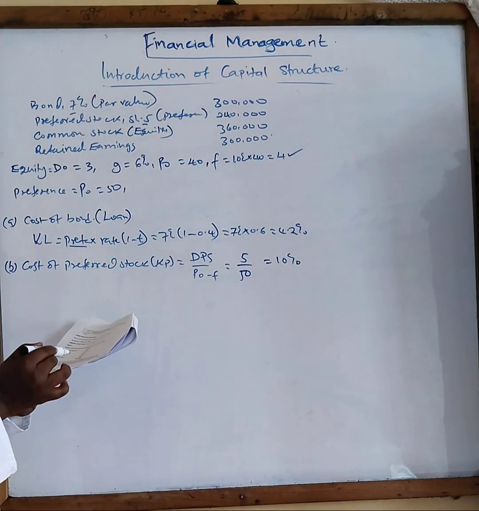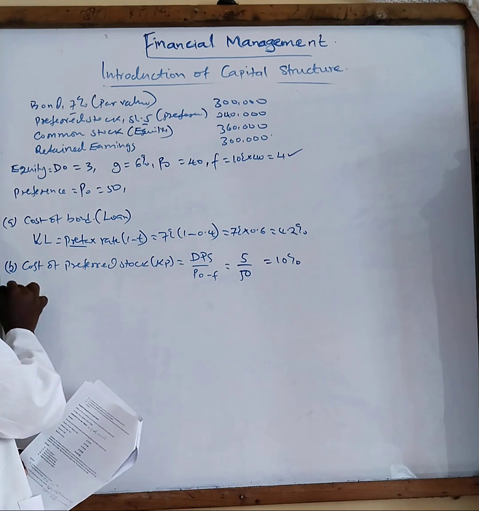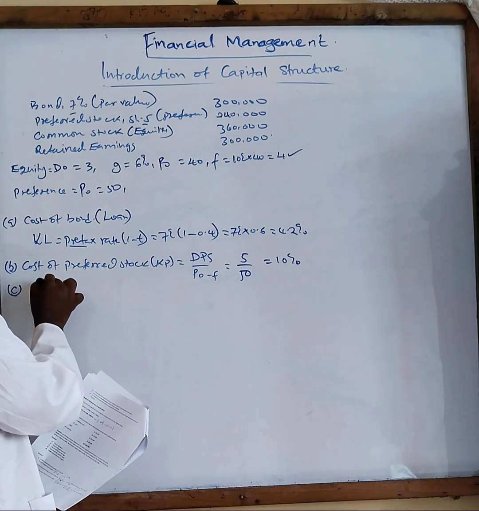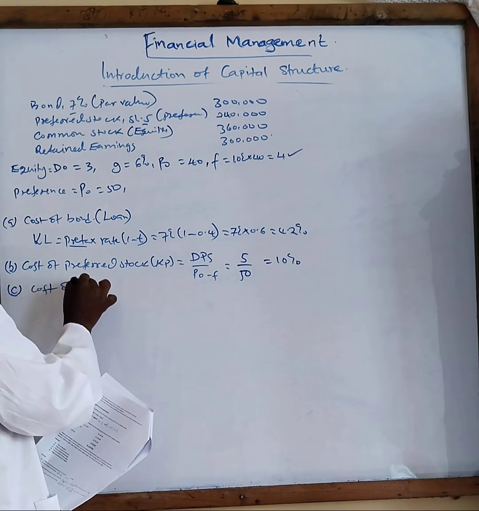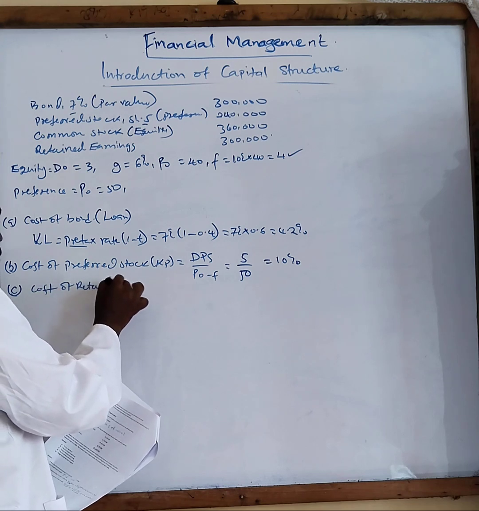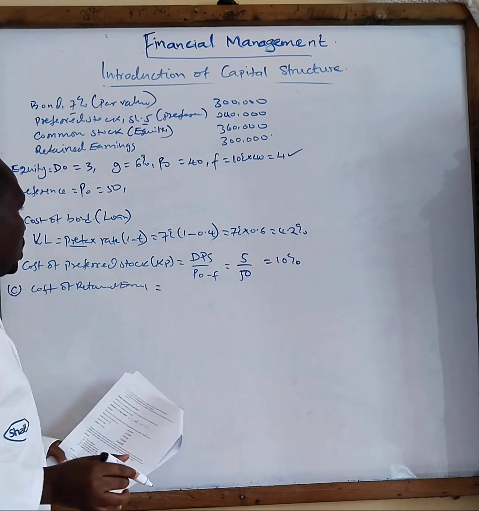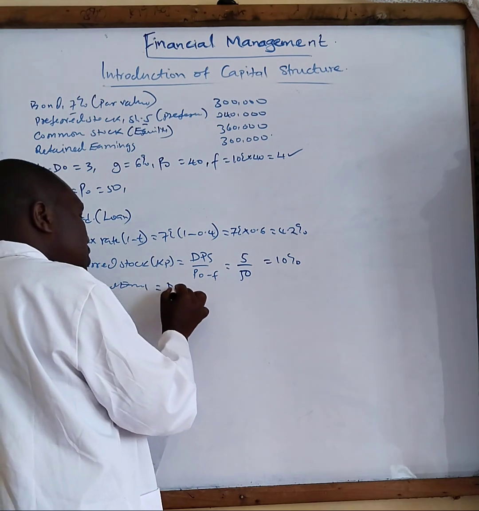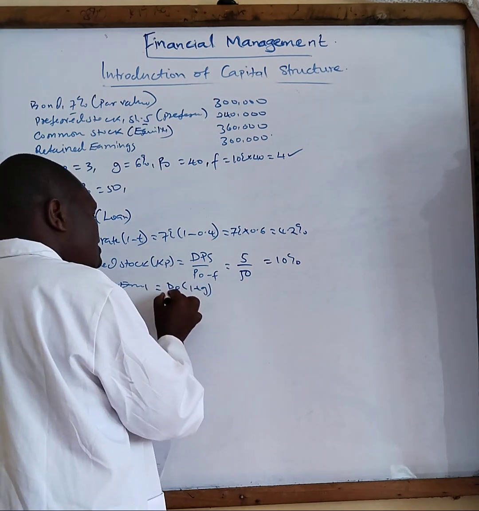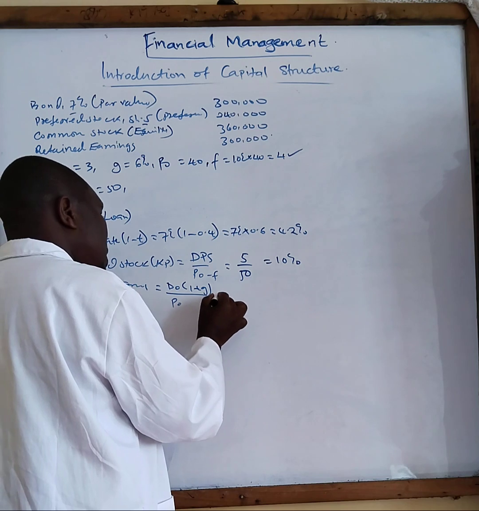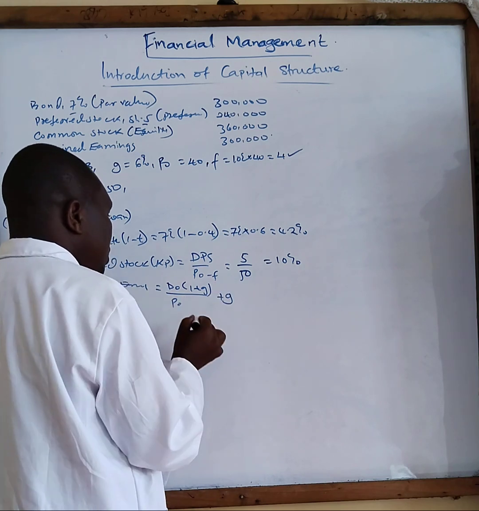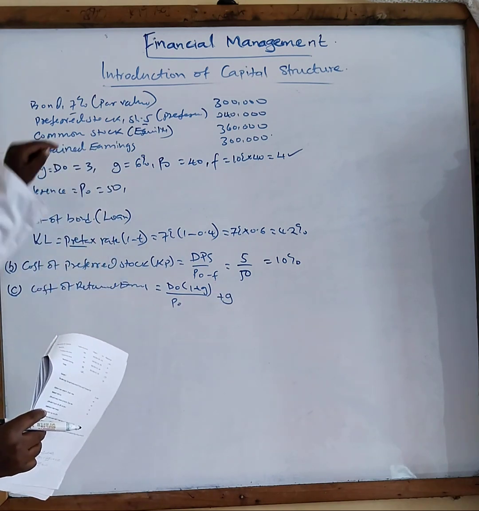Next is cost of retained earnings. C. Cost of retained earnings, which is the same as what? D0 times (1 plus G) over P0 plus G. So do we have any information?